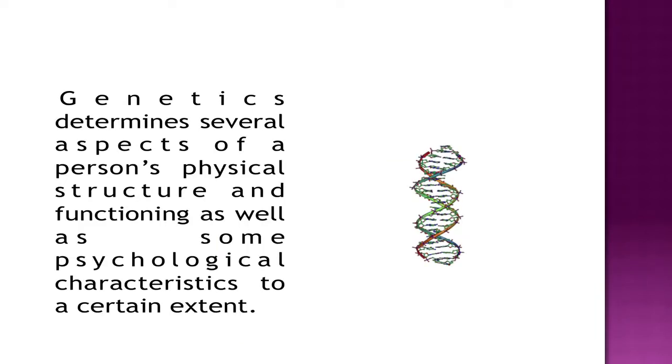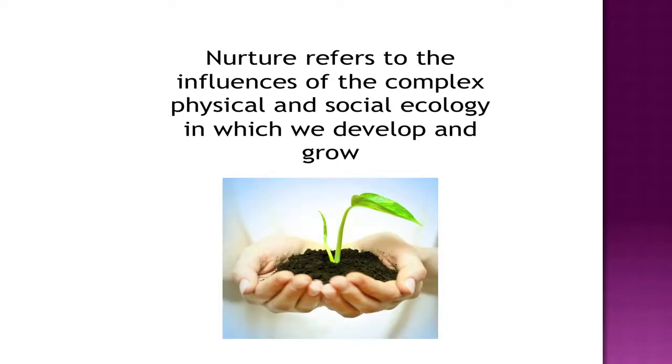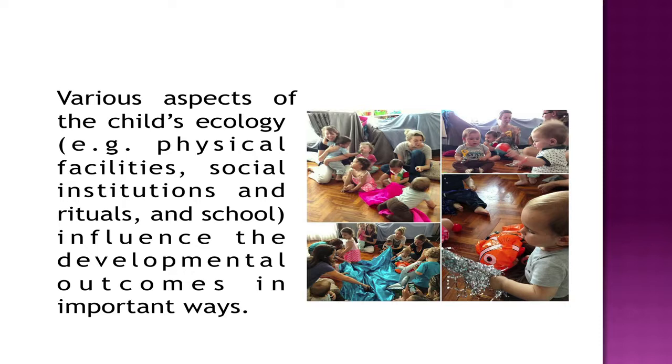Genetics determines several aspects of a person's physical structural functioning as well as some psychological characteristics. To a certain extent, nurture refers to the influence of the complex physical and social ecology in which we develop and grow. Various aspects of the child's ecology, for example, physical facilities, social institutions, rituals and schools, influence the development outcomes in important ways.